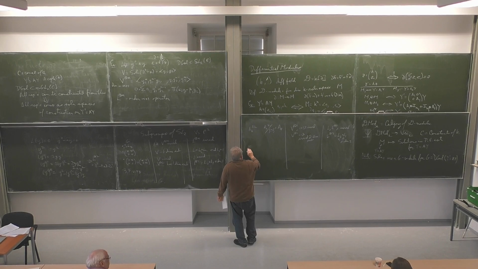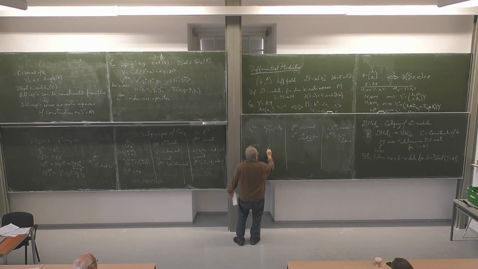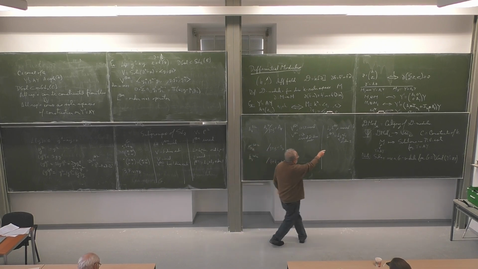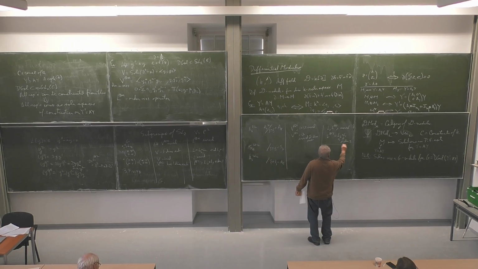And you get 2 more, S5, SL2, S4, SL2, and A5, SL2. And again, when you mod out, you get what you think. And I'm just going to write down what happens here.